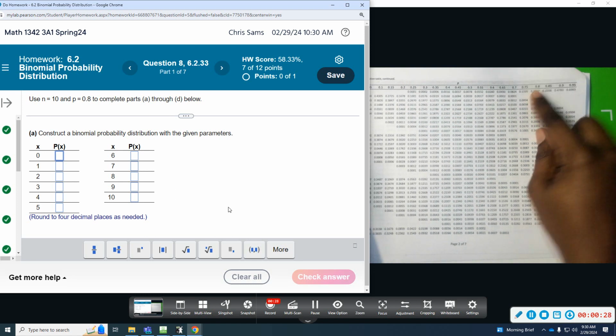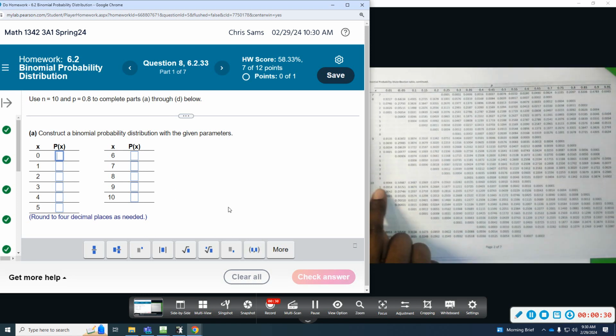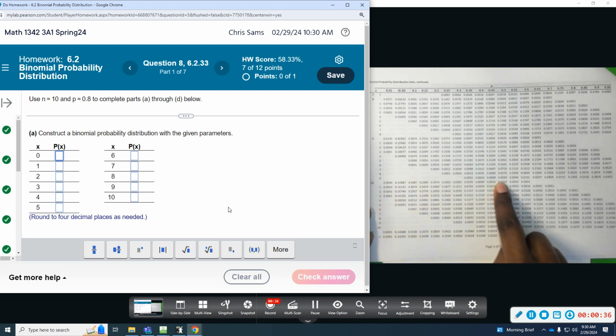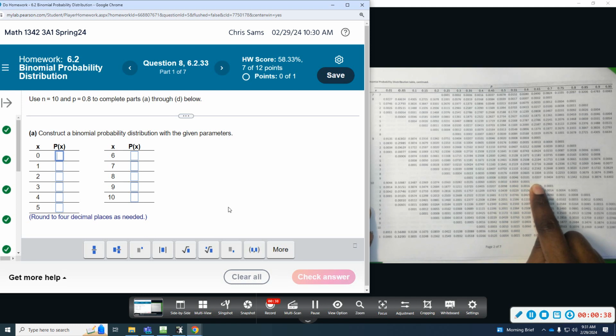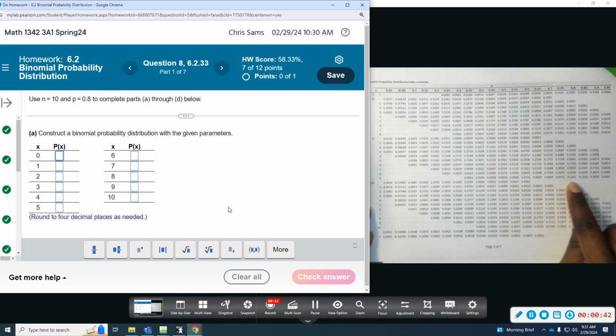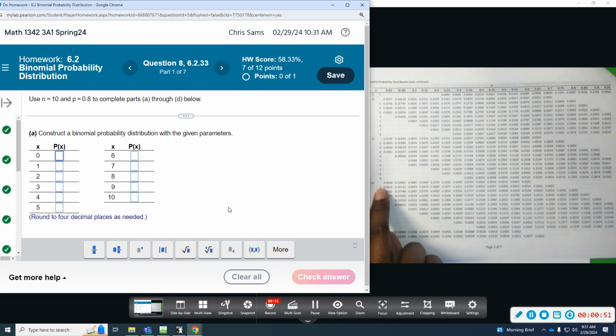Now what you will notice on the table, 0 at the top, it doesn't show, but this first row is 0. As I go across, when I get to 0.65, there's nothing here for 0. That means the probability of 0 successes is so low, it's basically 0 when rounded to 4 decimal places.